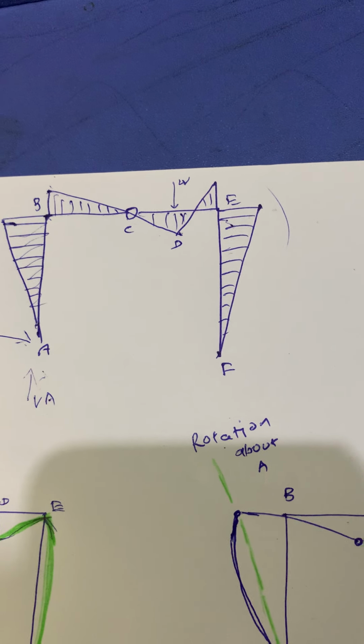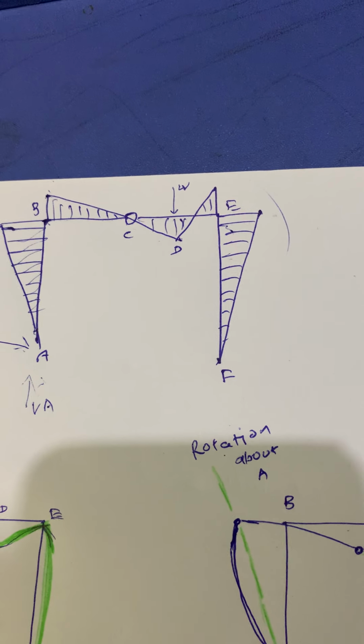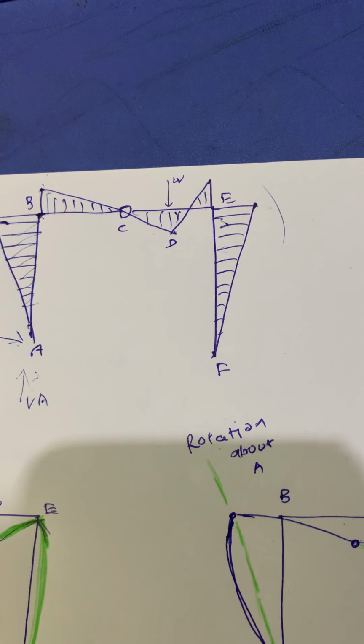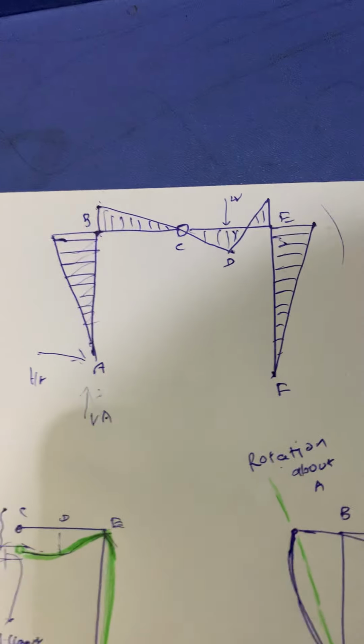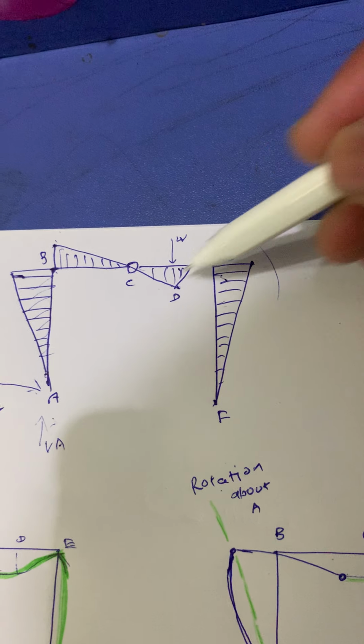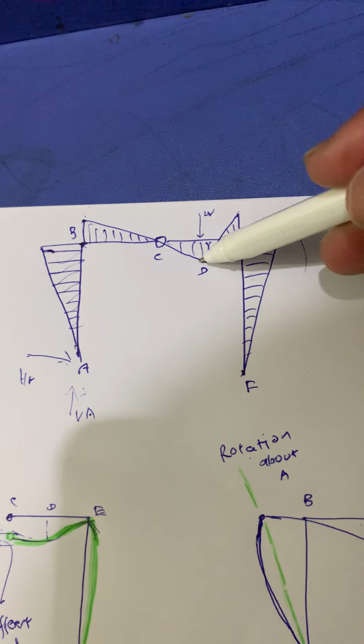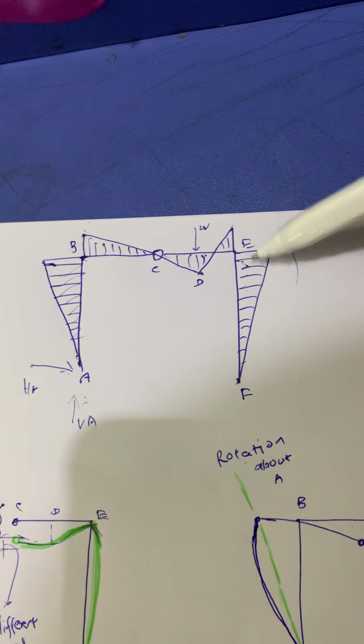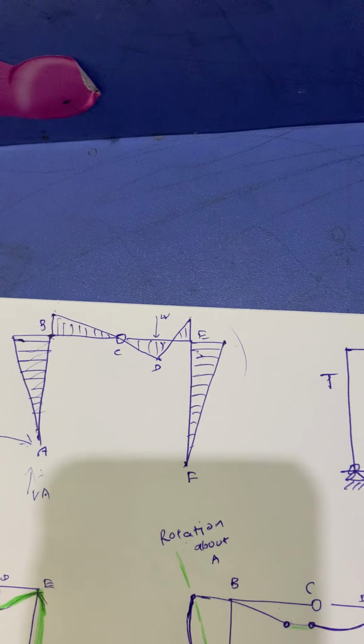We can therefore complete our bending moment diagram for the frame by drawing a straight line from the value at E to D. The same way from here to here it will join. So we can complete the bending moment diagram like this.